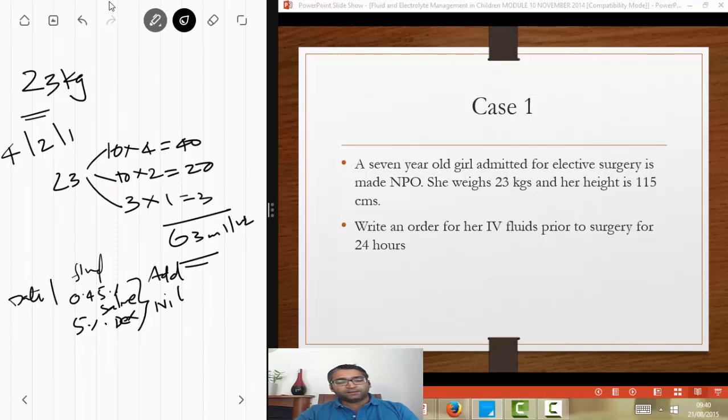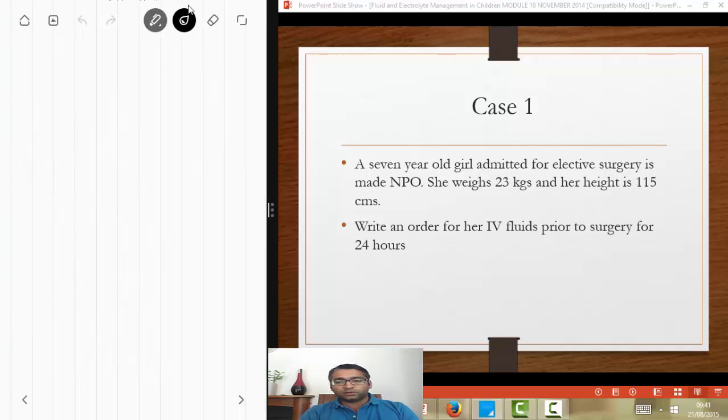You could just leave it nil. Now you have to write the volume of the bag. It's usually a 500 ml bag which we use for kids. You could use a liter bag as well. Then there will be a column which says rate on the drug chart. There you would write 63 ml per hour, and you sign and put your bleep number. Right, so hope that was easy.